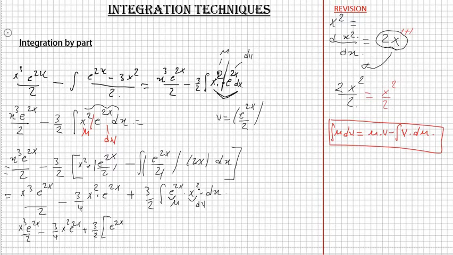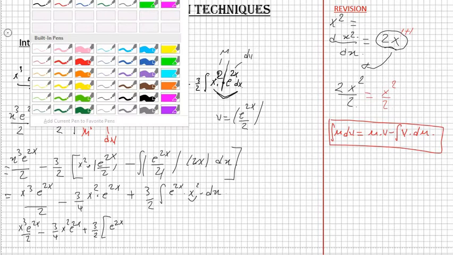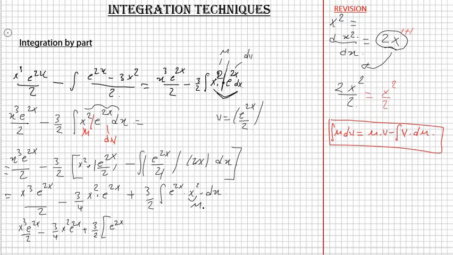So I won't get anywhere, so I need to make sure that the exponent is going down. The exponent must decrease. To do that, all you are going to do is change it: this is u and that one is the derivative of v.